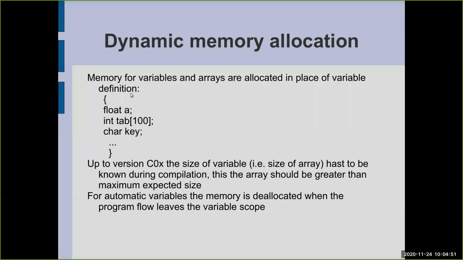So look, if we declare variables like this, it means that the variables are automatic variables. So the memory is allocated when program starts. So it is let's say pre-allocated. So the compiler knows what is the size of the memory or where particular variable is located.